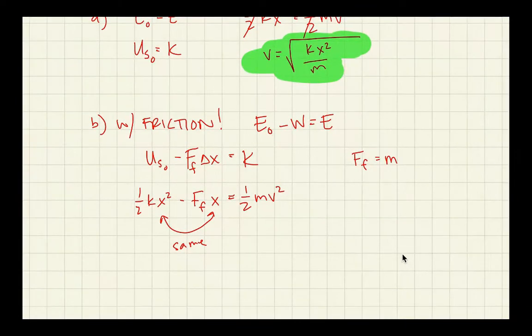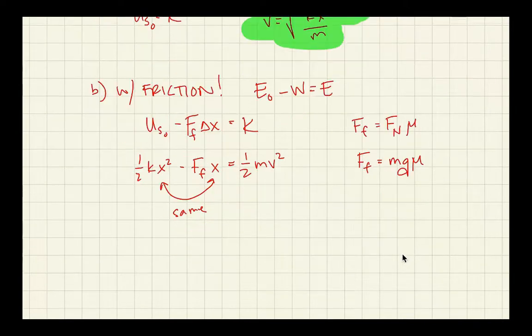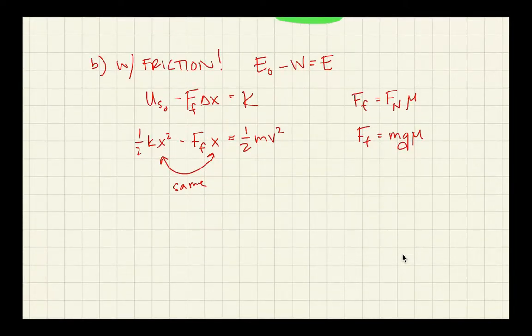I'm sorry. Force of friction is going to be equal to the normal force times the coefficient of friction, and the normal force is equal to mg mu. So we get 1/2 kx squared minus mg mu x equals 1/2 mv squared.